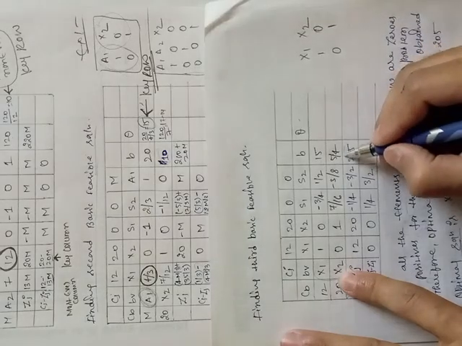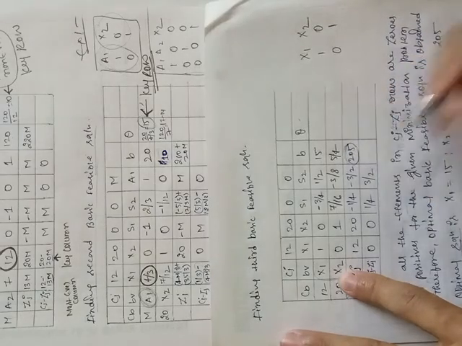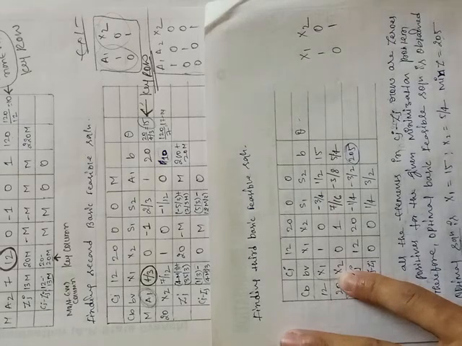So this is a minimum z, that is 205. So we need to write this. So this is our optimal solution.